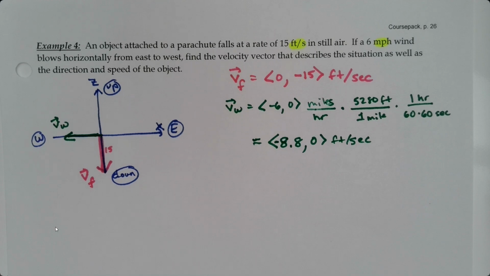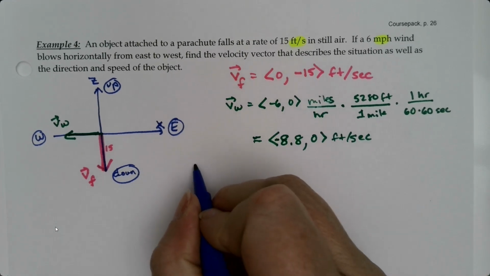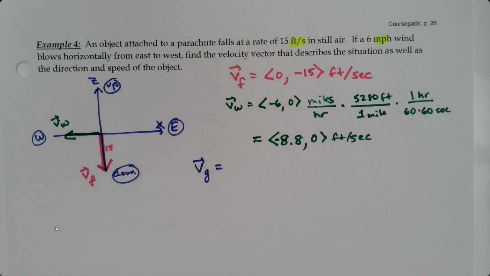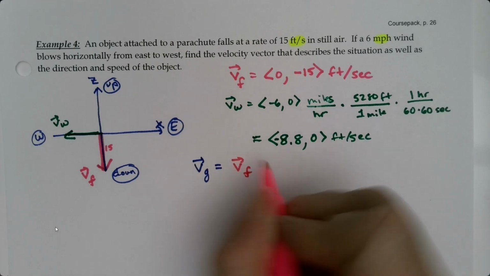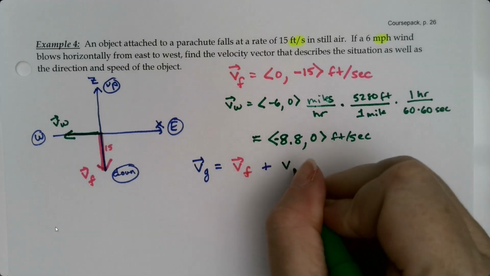Okay, so then the velocity vector that results, with respect to the ground, if you will, is equal to the velocity from the parachute falling plus the velocity of the wind.